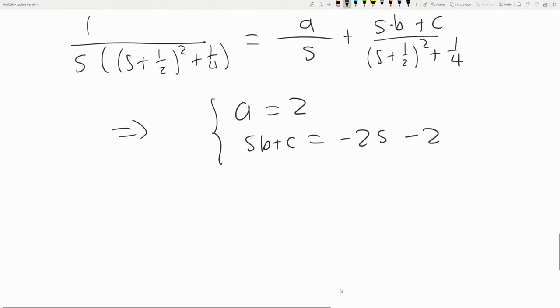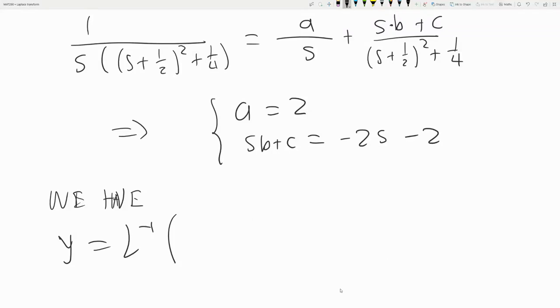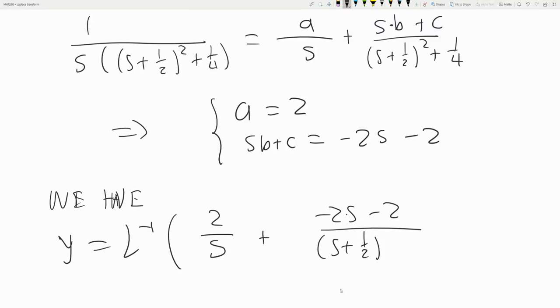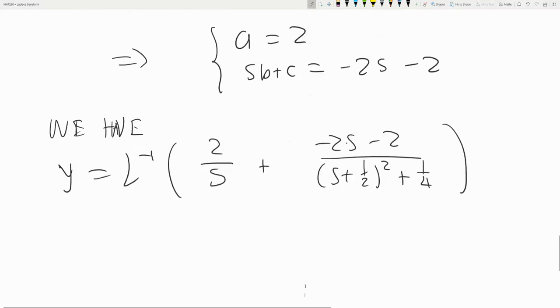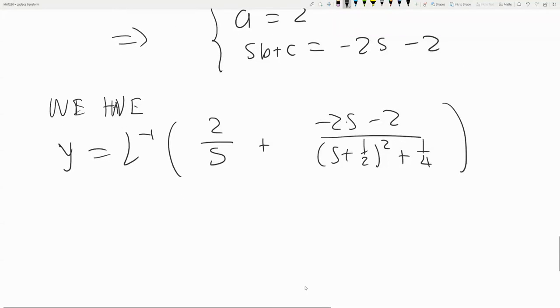All right. So we have y is equal to Laplace inverse of 2 over s, and then plus minus 2s minus 2, and then this factor. Okay, so let's use our translation theorem for this guy.